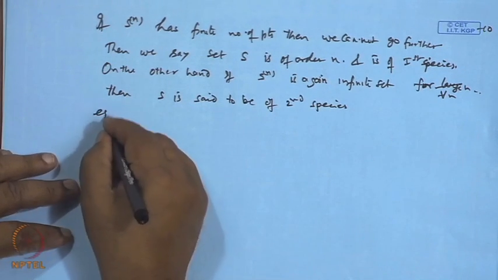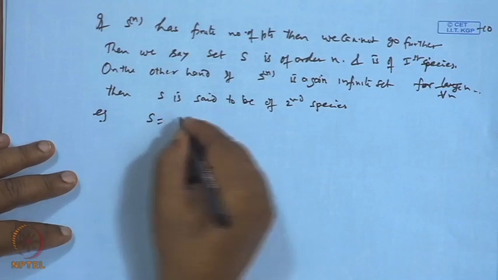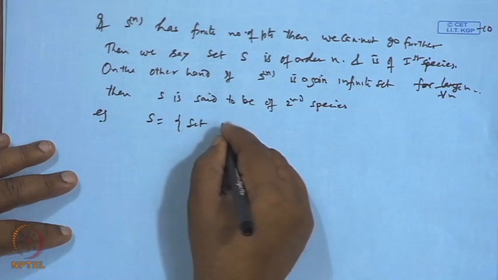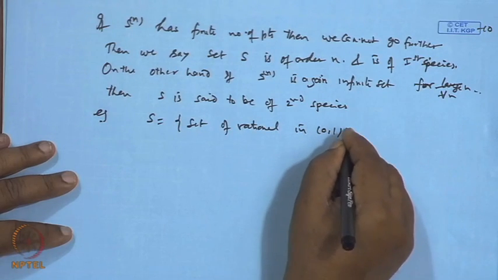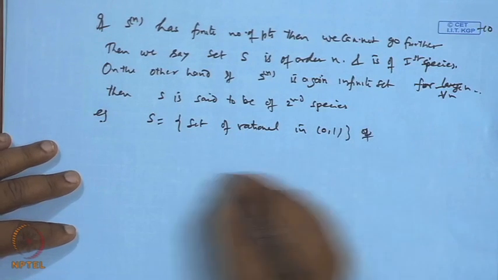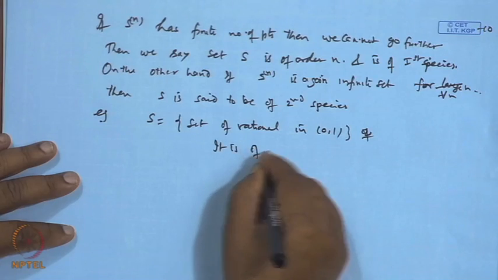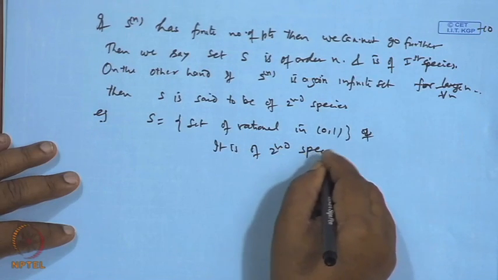So, for example, the set of rational numbers in the interval 0 1 is of second species. Why?